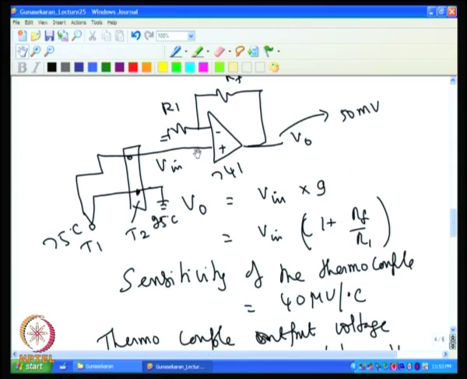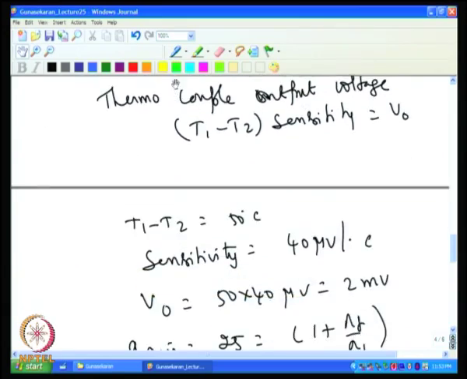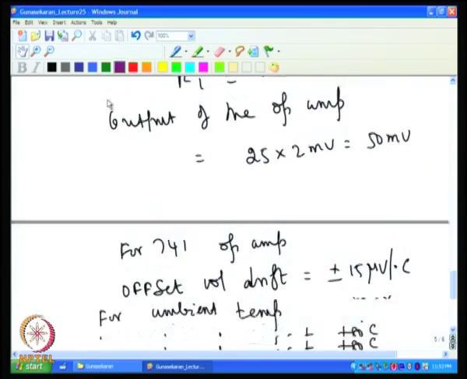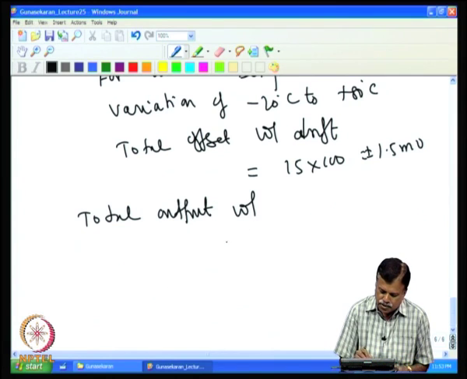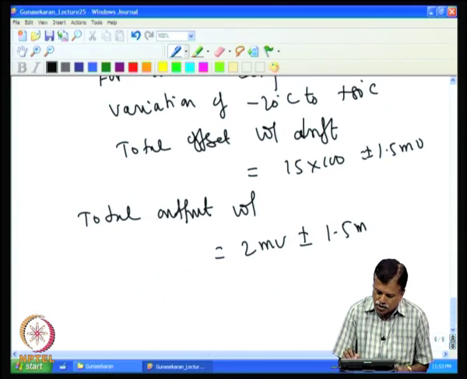That puts an uncertainty, because that offset voltage is supposed to be added with the input voltage, and then we should calculate what will be the output. So, if the signal is 2 millivolt and the offset voltage drift is 1.5 millivolt, then the total output voltage will be 2 millivolt plus or minus 1.5 millivolt into gain, which is 25.